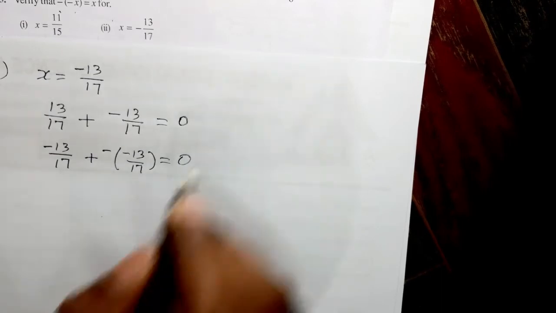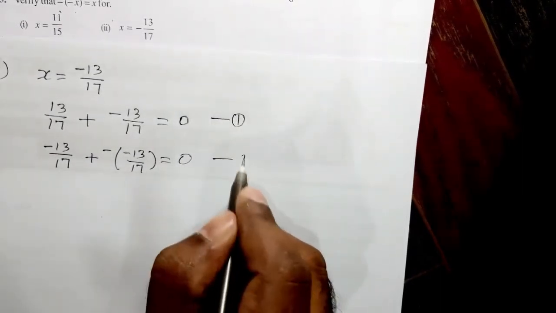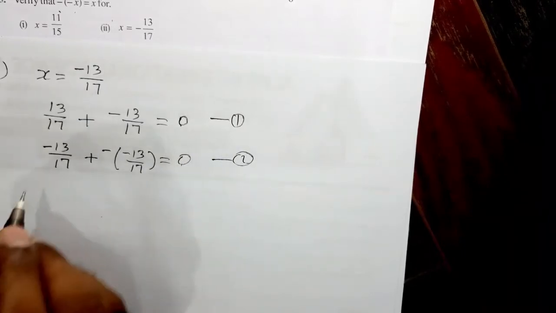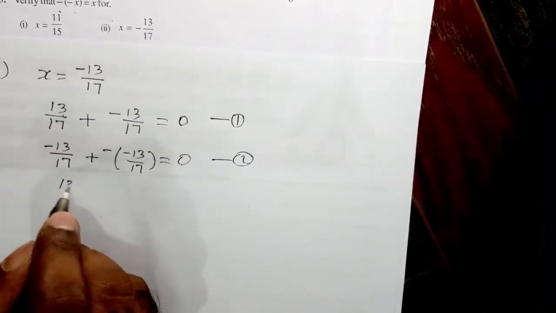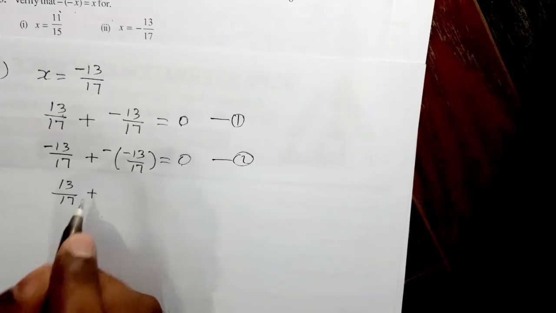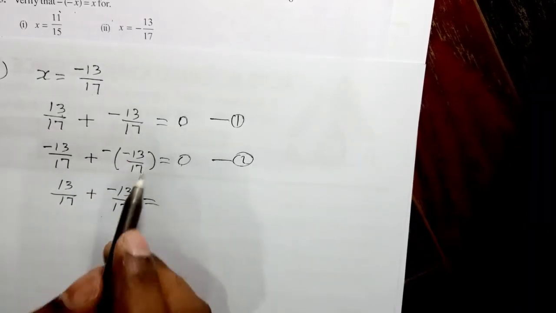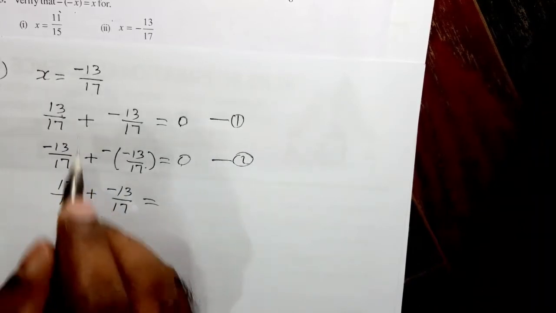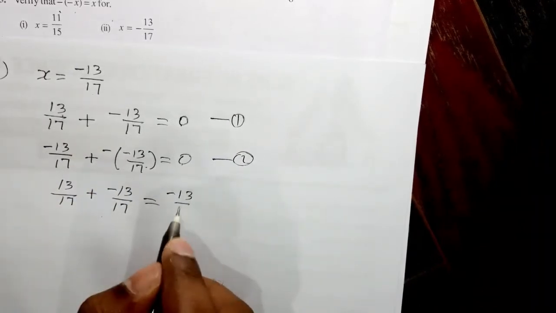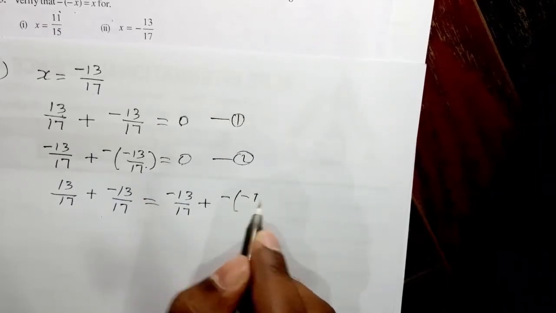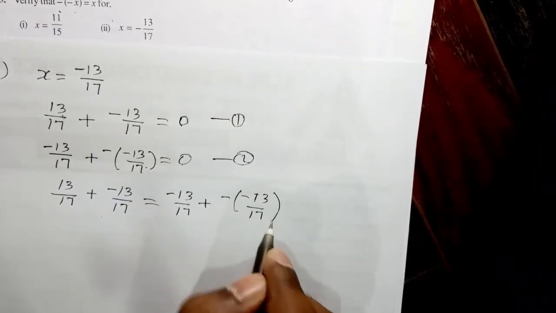Now this is equation number 1. This is equation number 2. Both equations have the answer 0. So we can write this equation at first: 13 by 17 plus minus 13 by 17, which is equal to 0. So this will be equal to minus 13 by 17 plus minus of minus 13 by 17.